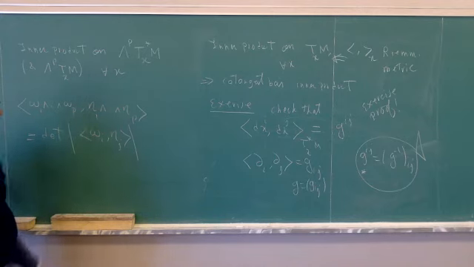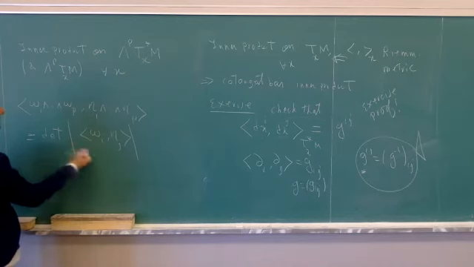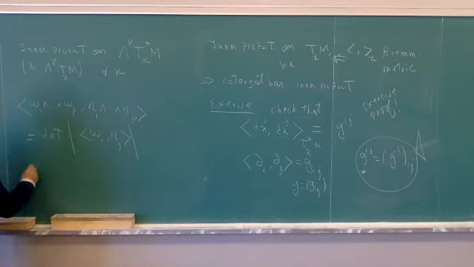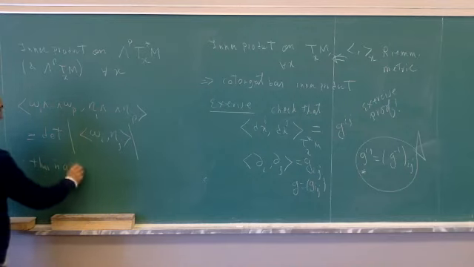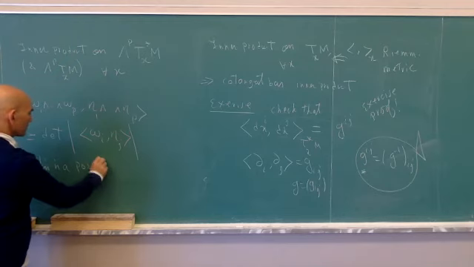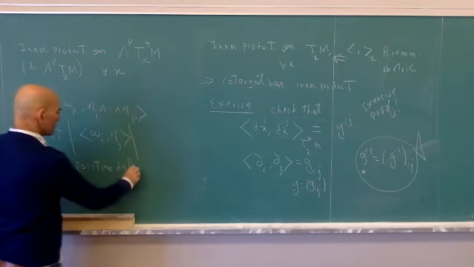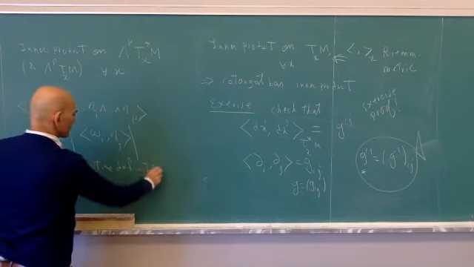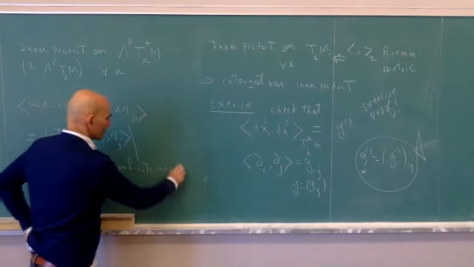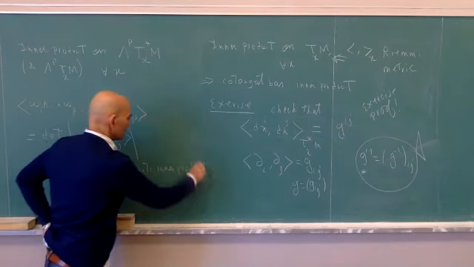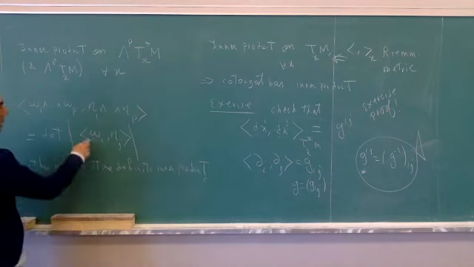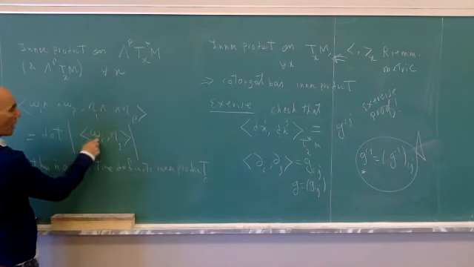Now you have to make sure that this is a positive definite inner product. Why can I take the inner product of omega_i and eta_j?